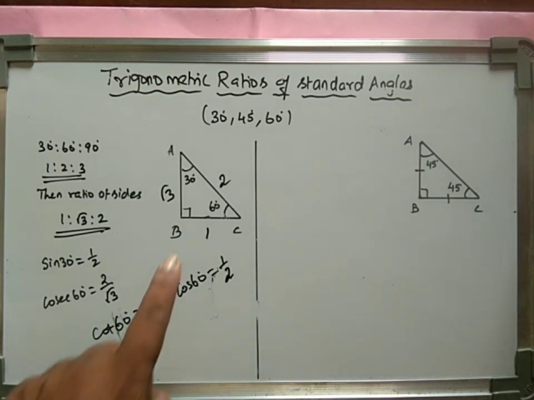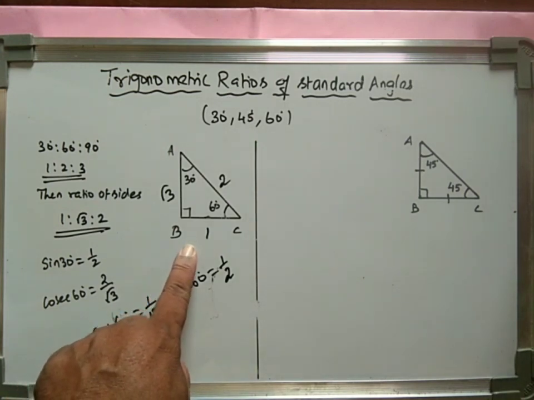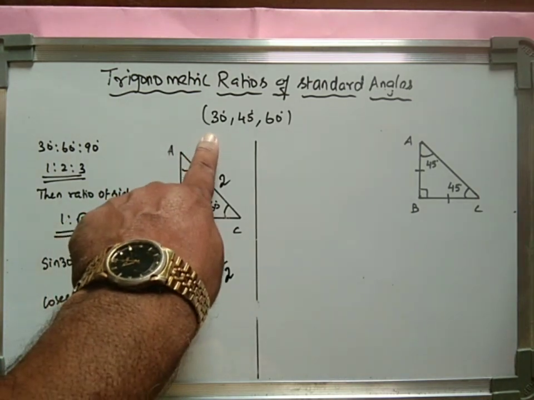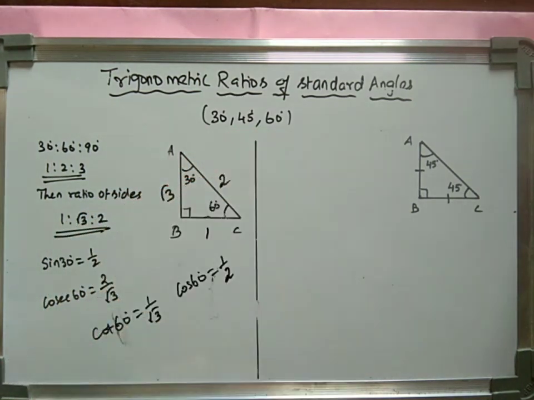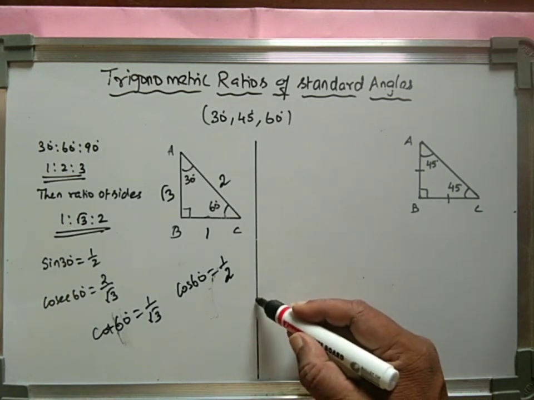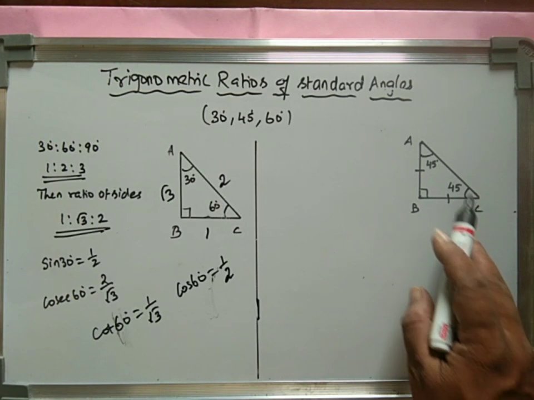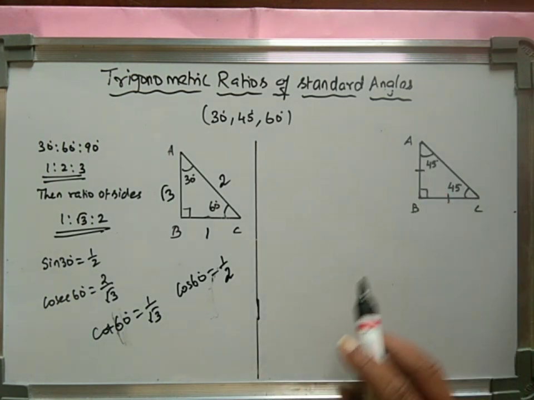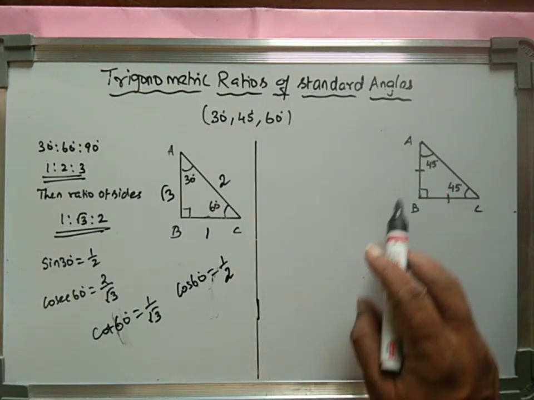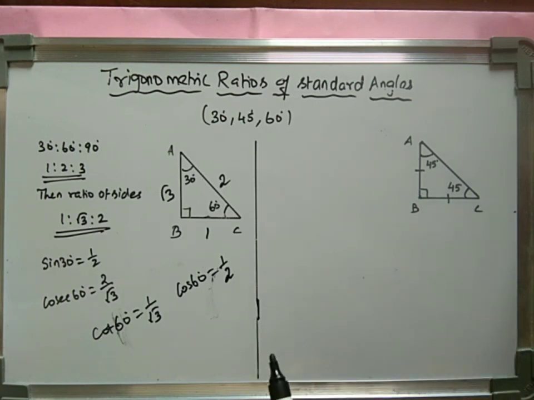Okay, so using this triangle we can find the trigonometric ratio values for 30 degrees and 60 degrees. Now for 45 degree what you have to do? We take an isosceles right angled triangle. Here in triangle ABC, AB and BC are equal.